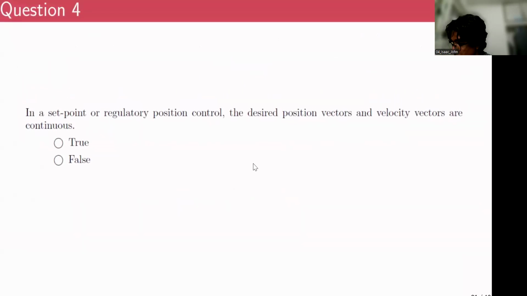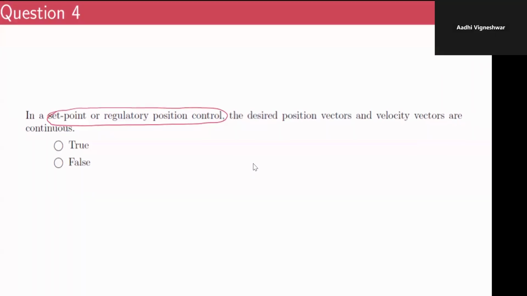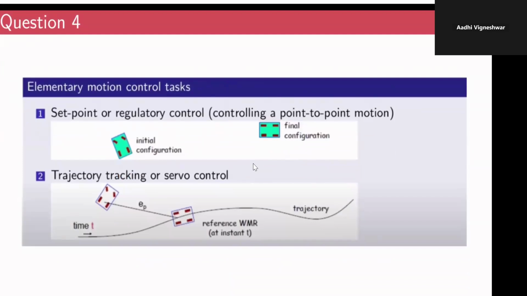And moving on to question 4. In a set point or regulatory position control, the desired position vectors and velocity vectors are continuous. So the key point to consider is set point or regulatory position control. If you recall from the lectures in NPTEL, there were two control tasks: set point control and trajectory tracking control.